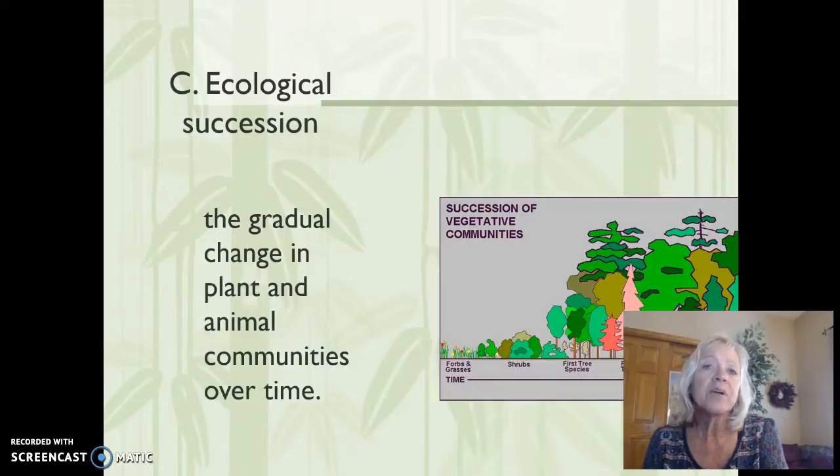The next step is understanding the logical transition in plant and animal communities over time, which is referred to as ecological succession. The succession of vegetative communities starts with forbs and grasses, goes to shrubs, first-time tree species, forest type 2, and forest type 3, which is more mature.